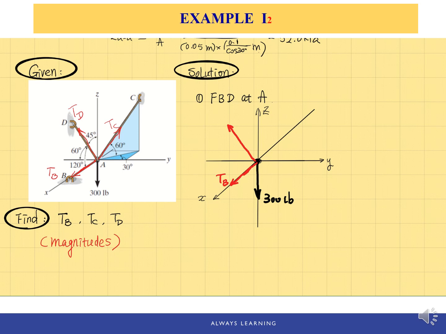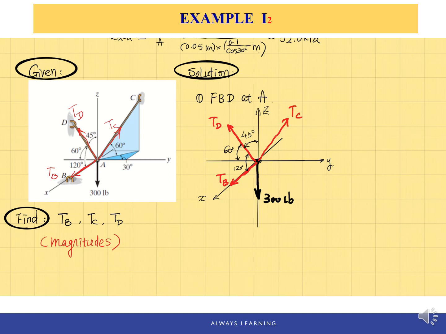TD is pointing up into the space. It is not along any X, Y, or Z direction, but it has those direction angles that you want to put down to help you write TD in Cartesian vector form. For force TC, similar idea, we draw it on this free body diagram from point A to point C, and this is TC.